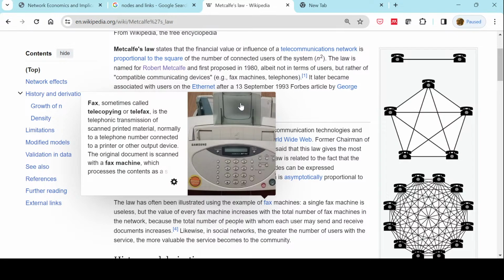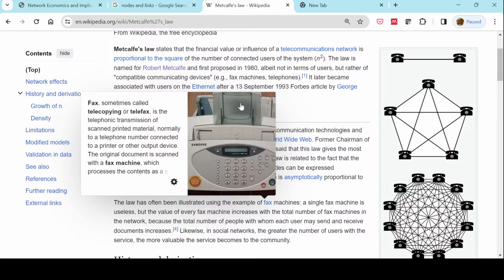So we don't need fax machine anymore, unless for some reason, I don't know. So the fax machine became the prime example of scholars to give when they want to discuss network effect, because it's really a network.